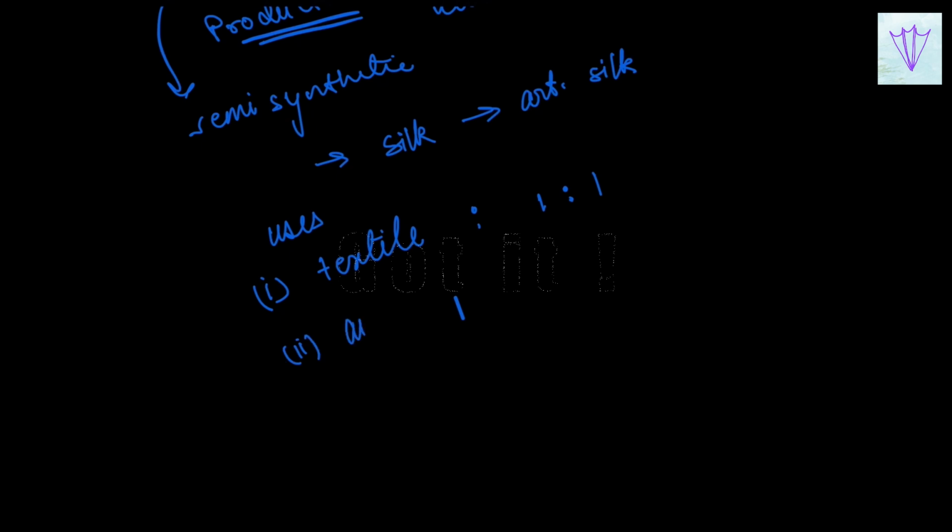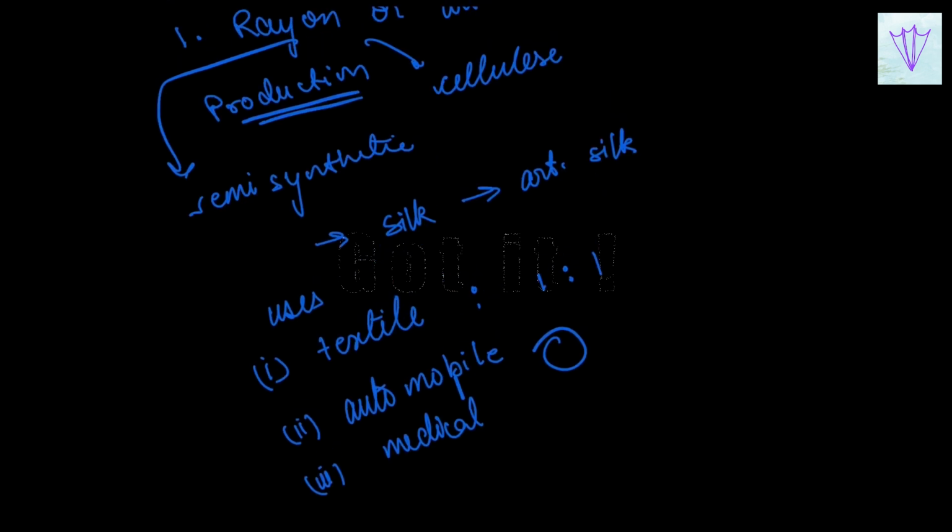Next, in the automobile industries, it is used in making the reinforced automobile tires. Next, it is used in the medical field, in making the gauze bandage or lint for dressing the wounds and so on.